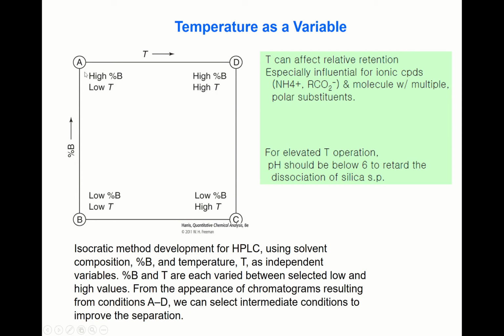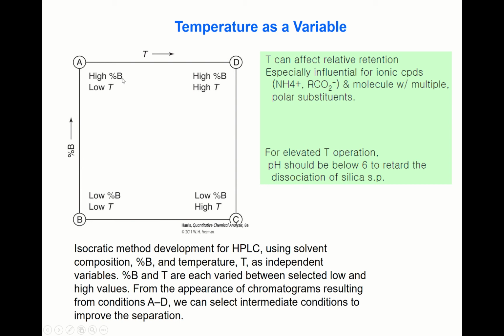So this square can help you decide which temperature and which solvent composition is optimum. Let's take a look here. The A indicates a high percent B. B means organic solvent. Highest organic solvent means the lower aqueous percentage.